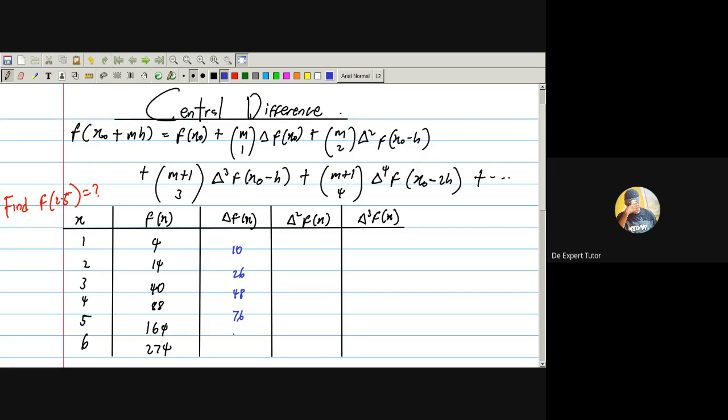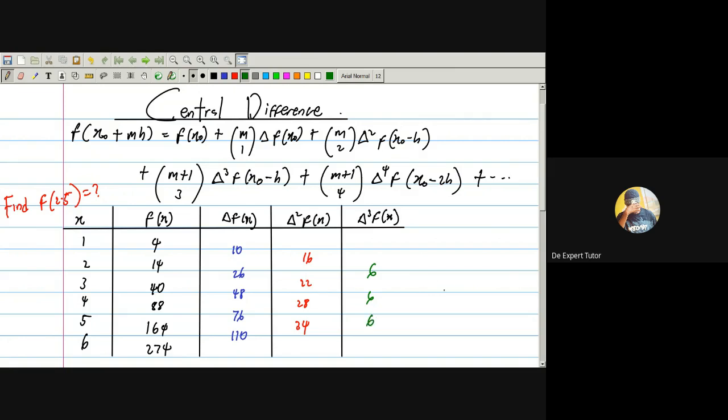And the next one, 110. Now we take another difference again. Secondly, we have 16, this one is 22, this one is 28, this one is 34. Then if you subtract all of them, we have a constant difference of 6. If you go for the next, everything will be 0.